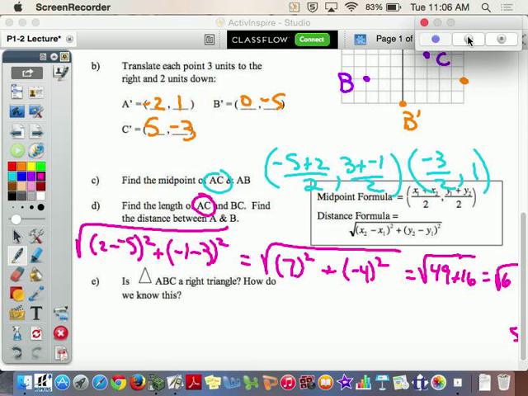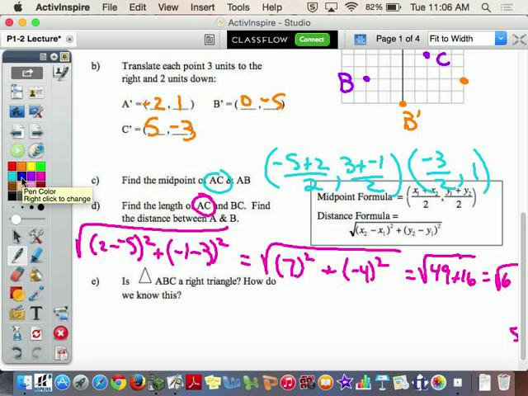Is it a right triangle? Basically what that's asking us about is when you find the distances or the lengths between each of the points, what do they add up to? So rather than go through all of them, I'm going to tell you that I found some other ones. Remember, this square root of 65 that we just wrote down was AC. So first of all, AC we just said was the square root of 65.